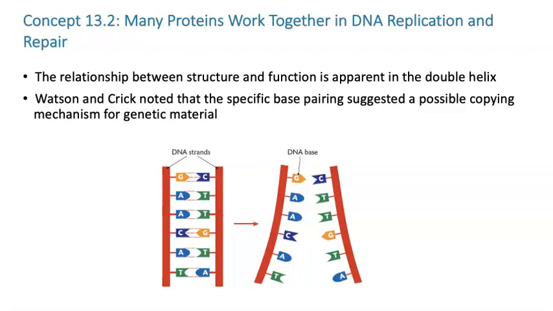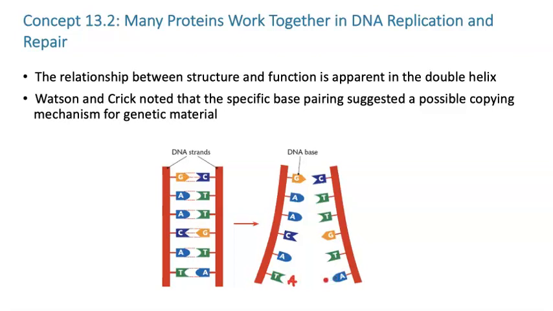One of the really interesting side effects, maybe, of this structure is that Watson and Crick, when they were writing their paper, noticed that the specific base pairing that we are seeing, between G's and C's and A's and T's, actually suggested a possible copying mechanism for the genetic material. If you break this strand apart from this strand, then this T can code for an A.